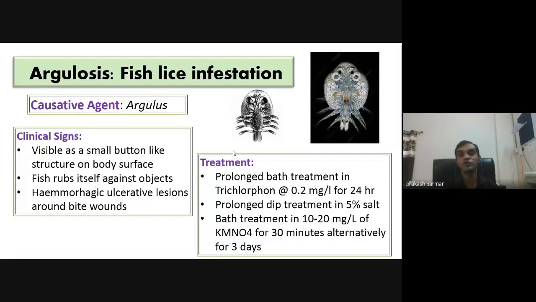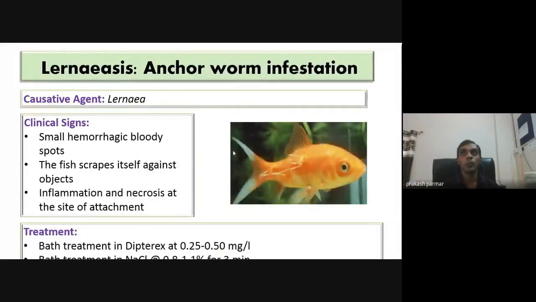You can find hemorrhagic ulcerative lesions here. Whenever Argulus are attached and sucking the blood, that area becomes reddened and hemorrhagic. Here, prolonged bath treatment with trichlorfon can be given, or a salt solution can be used, or a bath treatment with Kamdhenu solution for removing this parasite.